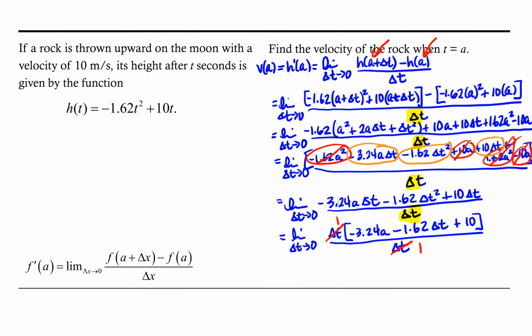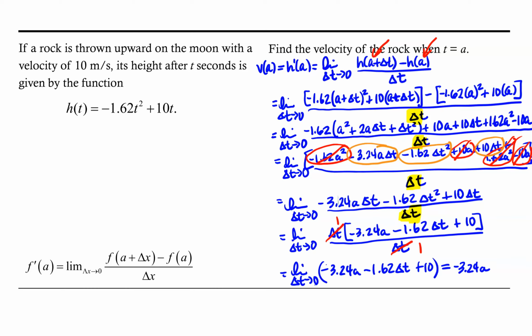We've now resolved that issue, so we now have the limit as delta t goes to 0 of negative 3.24A minus 1.62 delta t plus 10. And as delta t goes to 0, negative 3.24A will just go to negative 3.24A.